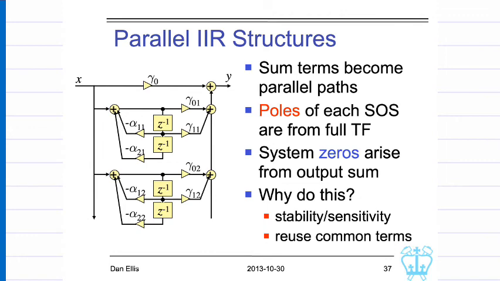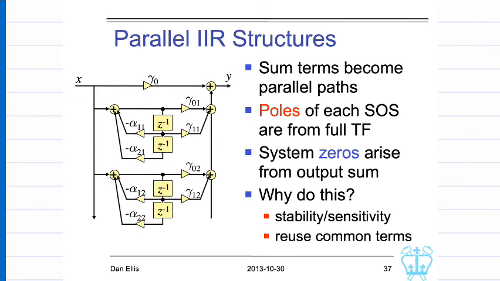So these zeros are not the same as the zeros of H(z), because when we factorize, our zeros will change. If I have first order terms, they will have no zeros. If I have second order terms, they will have one zero, right? And these zeros, we don't have to choose or design them. They just arise from the factorization process.